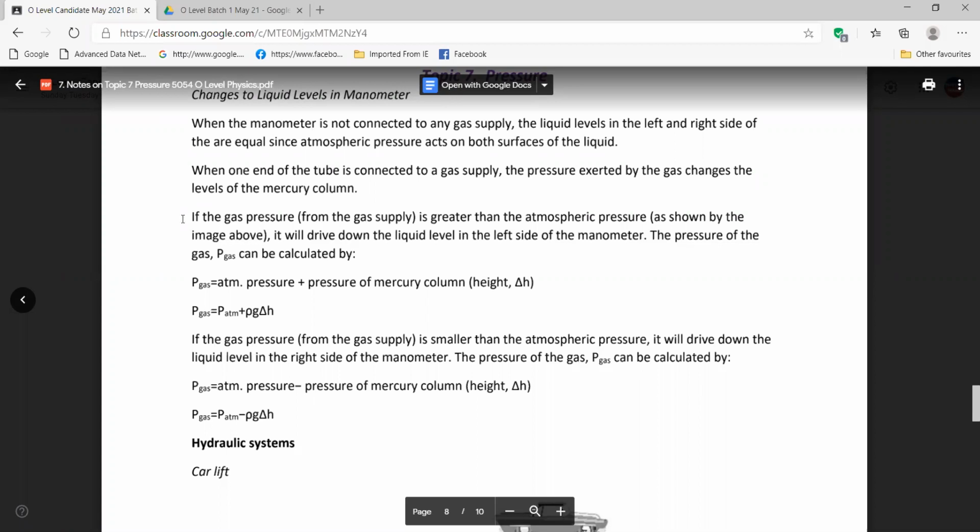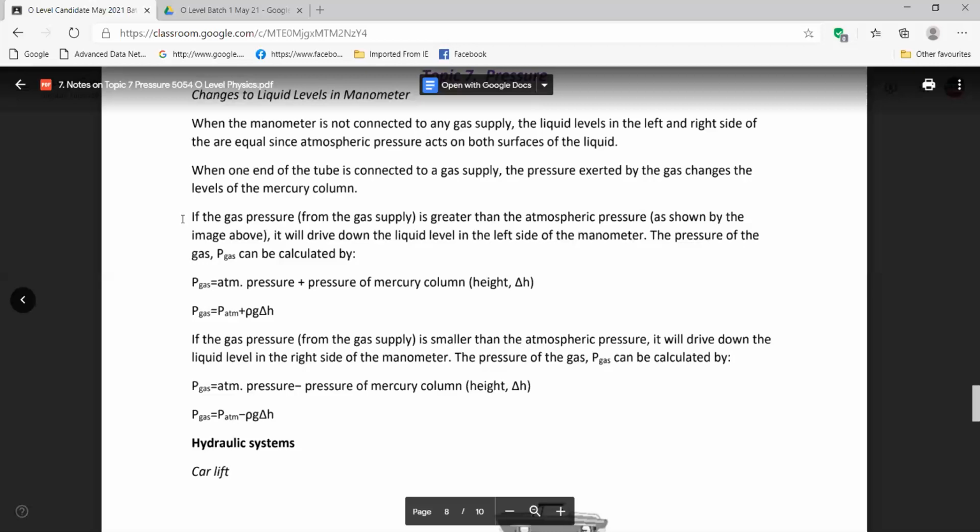If the gas pressure is greater than the atmospheric pressure, it will drive down the liquid level on the left side of the manometer. The pressure of the gas, P gas, will be calculated by P gas equals atmospheric pressure plus pressure of mercury column. P gas equals P atmosphere plus rho g change in height.